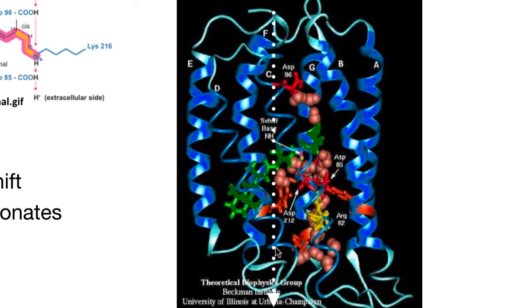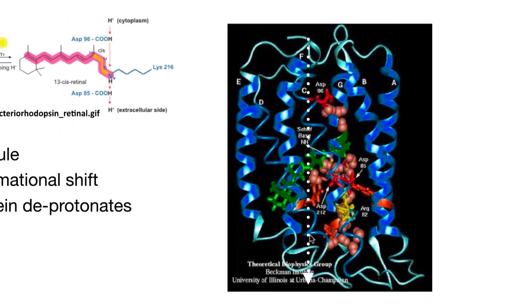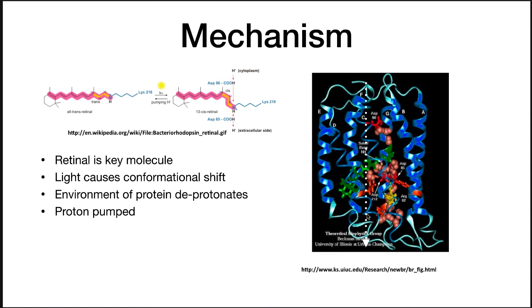And then it relaxes back to the trans state. And this happens over and over again, and it serves as a proton pump. It's thought that AC1 has the same protein, which they call actinorhodopsin, and it's one of the reasons it can dominate the environment that it's in, because it has this way of generating extra energy with this proton pump.